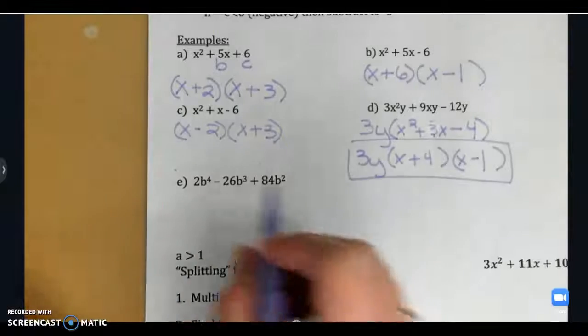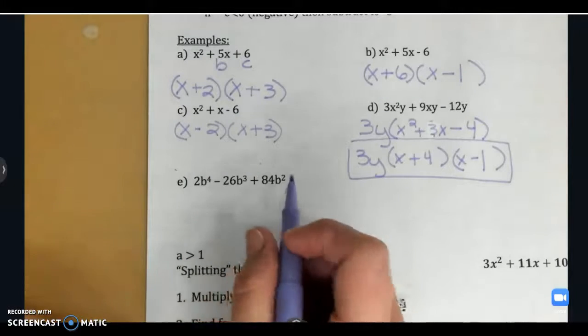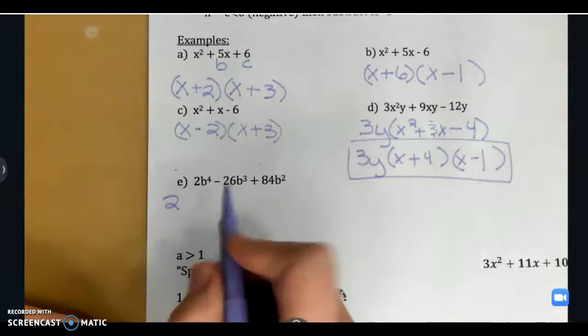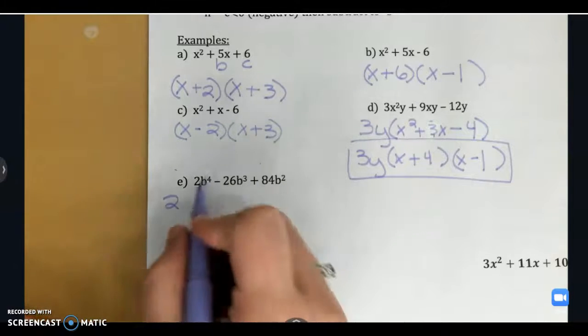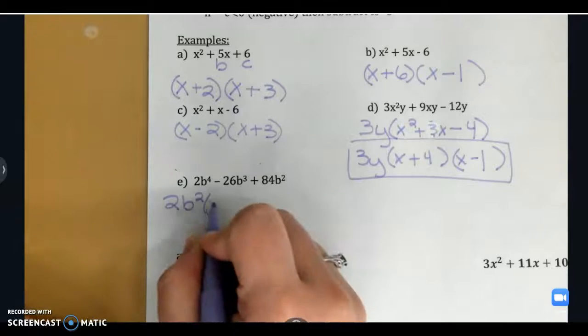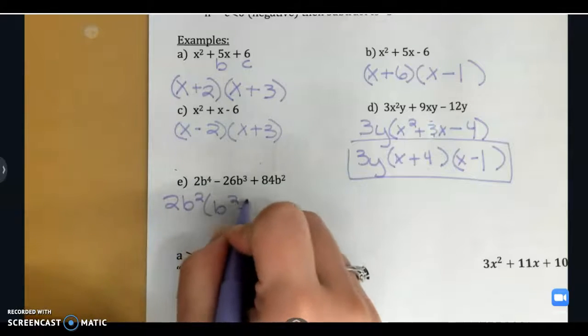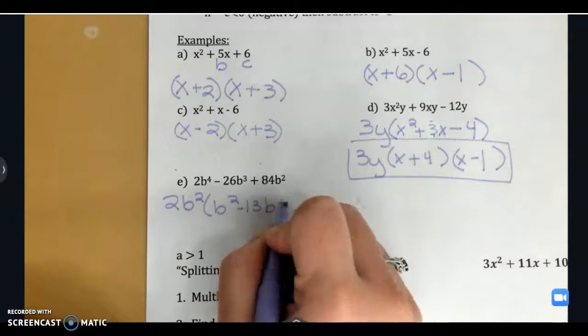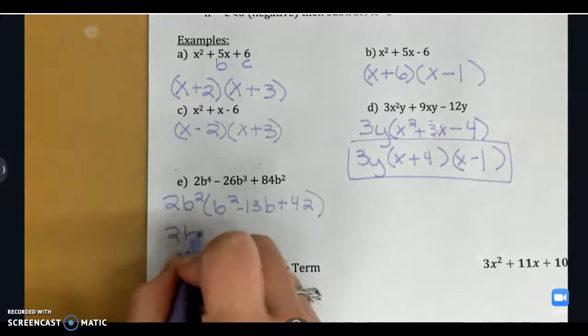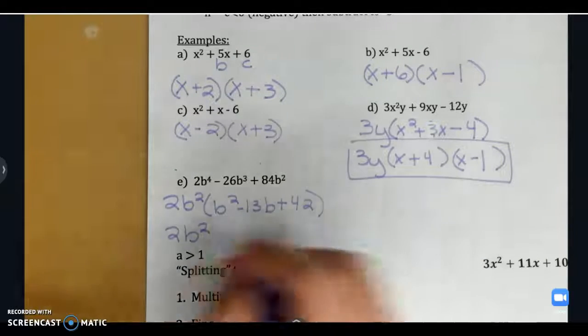Looking at E, again, I want to take out a GCF. So between 2, 26, and 84, I can take out a 2. And then b to the 4th, b cubed, b squared, I can take out a b squared. And that's going to leave me with b squared minus 13b plus 42. And that is a trinomial, so that 2b squared I took out stays in the front.